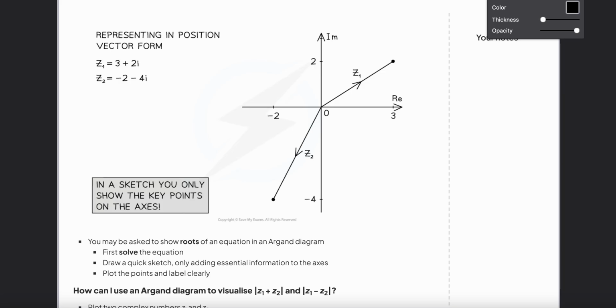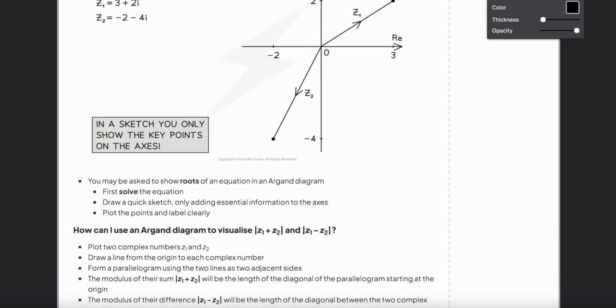I just need the 3 and I just need the 2. So when we are making our sketches, there is no need for us to add additional information. We just make use of the essential information that is important to the question that we are responding to.